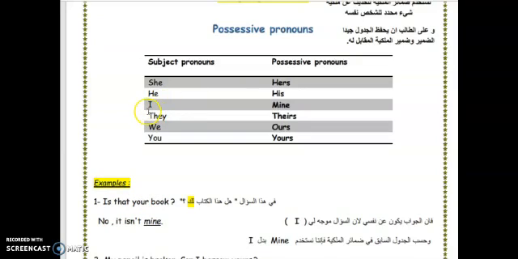And if you want to talk anything about yourself, you usually use I. عندما تريد أن تتحدث عن نفسك بأي شيء فإنك بالعادة تقوم باستخدام I. But in the possessive case we have to use mine. يوجد لدينا ضمير آخر وهو ضمير ملكية عندما نريد التحدث عن أنفسنا وهو mine. So here you have to say yes, it is mine, or no, it isn't mine. فبدل الآي نقوم بكتابة mine.